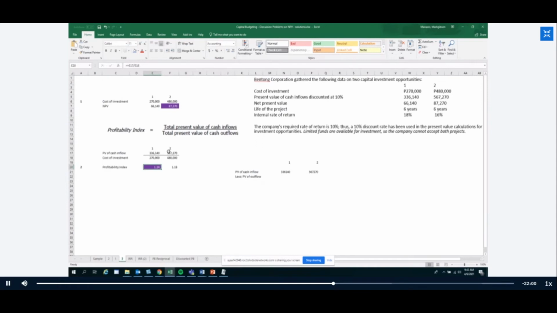While in project 2, it's just 1.18. So, in this case, we'll need to go to project 1, no? Because it generates higher profitability index. Okay ba yan, class? Yes po. Sige, thank you.